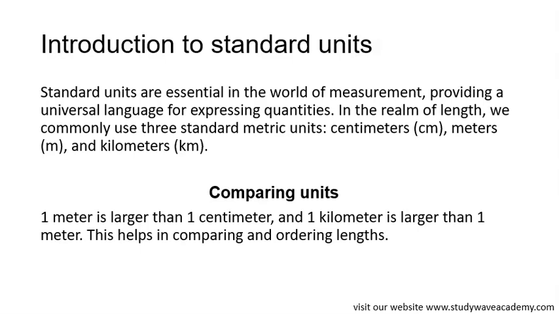And lastly, kilometer. Kilometer is a larger unit applied to significant distances, like the length of a journey or the span of a country. Do you understand? So when we measure things, we use standard units to keep things simple and clear, okay?